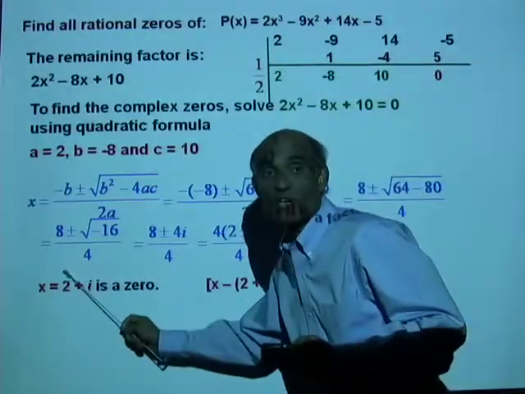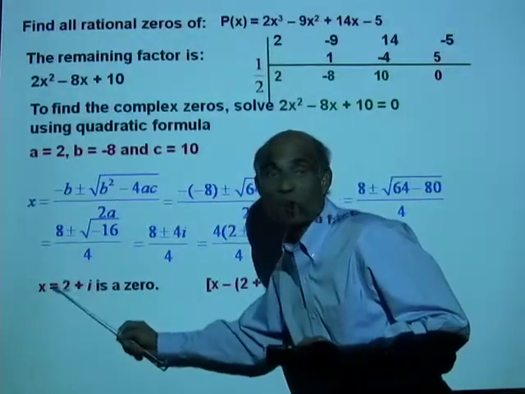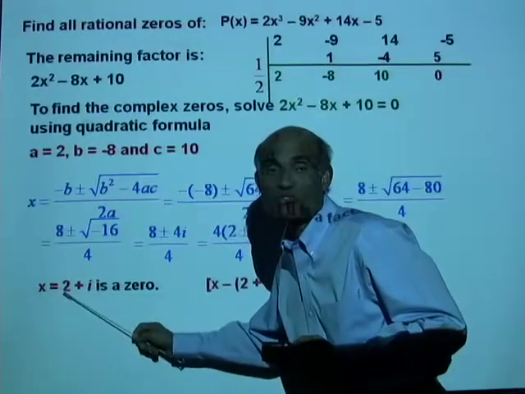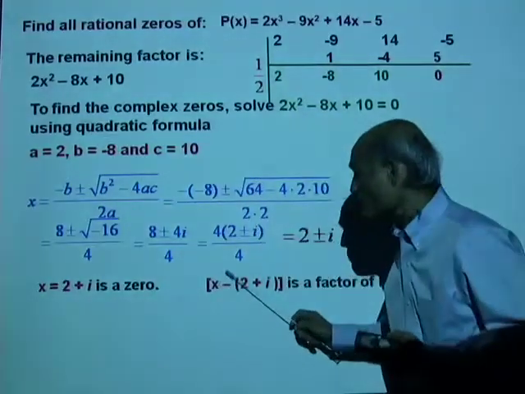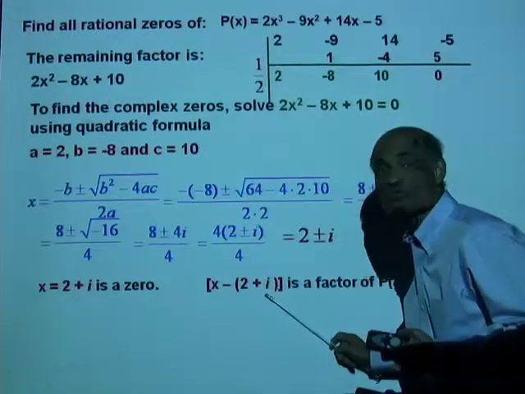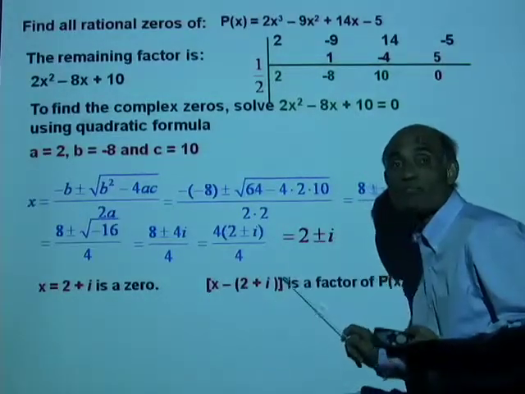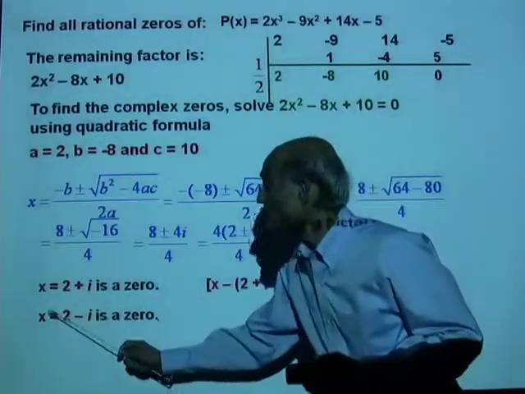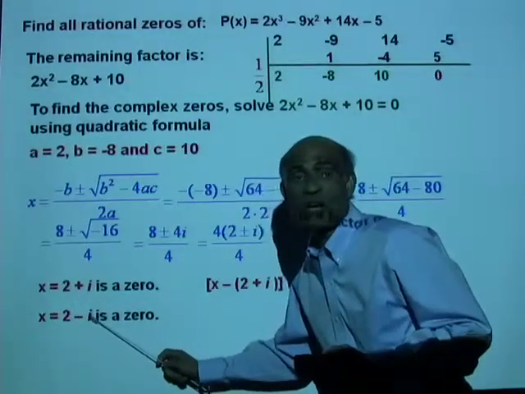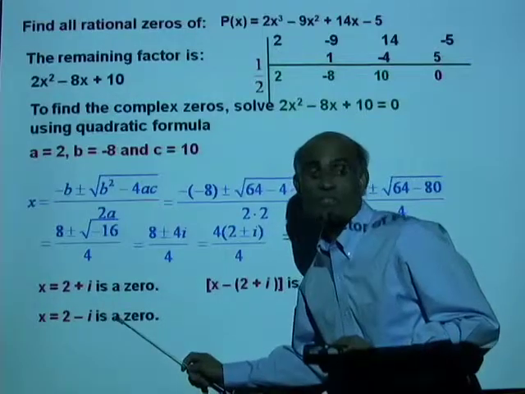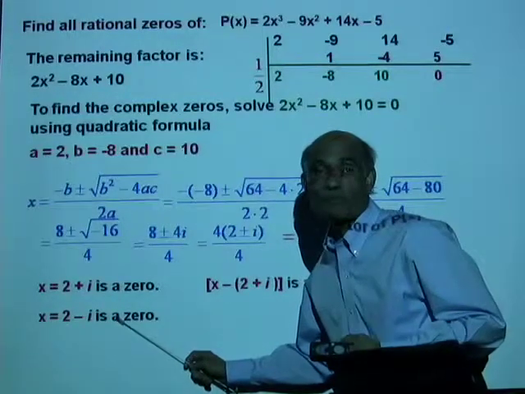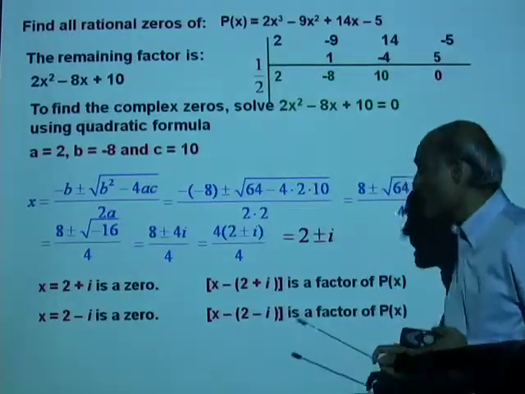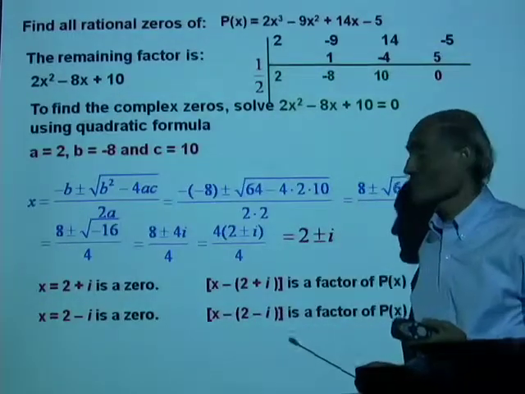Similarly, you must think of 2 plus i as a quantity. If x equal to 2 plus i is a zero, then x minus the quantity 2 plus i will be a factor of that polynomial. Similarly, if x equal to 2 minus i is a zero, then what is a factor? Then x minus 2 minus i is a factor.